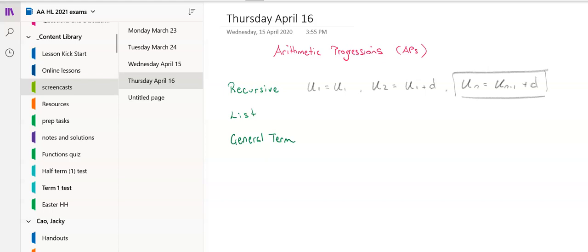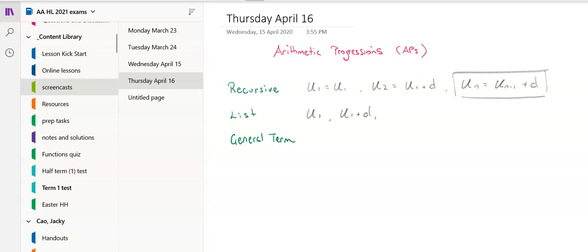How would it look as a list? If we listed out a general arithmetic progression, it would be U1 for the first term. Rather than write U2, U3, U4, which doesn't tell us much, the next term is U1 plus D, this common difference.